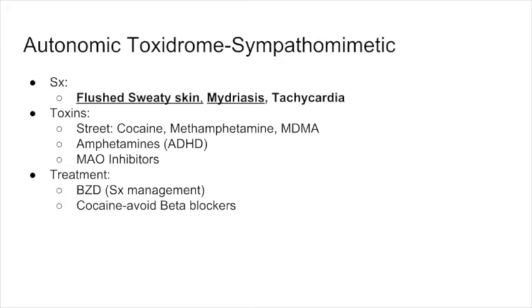And do you remember why you want to avoid beta blockers for cocaine toxicity? Because of the unopposed alpha effect. Remember that cocaine causes an increase in norepinephrine. Norepinephrine will go to the heart, stimulate the heart, cause tachycardia, and will also go to the blood vessels that have alpha receptors and will cause vasoconstriction.